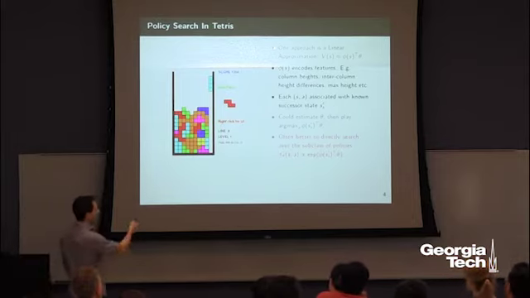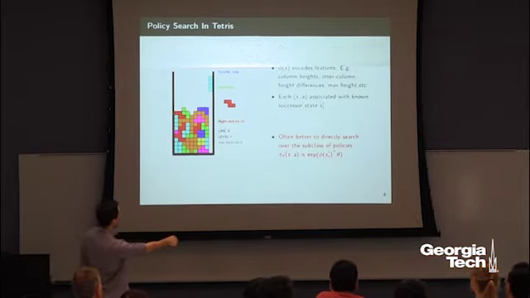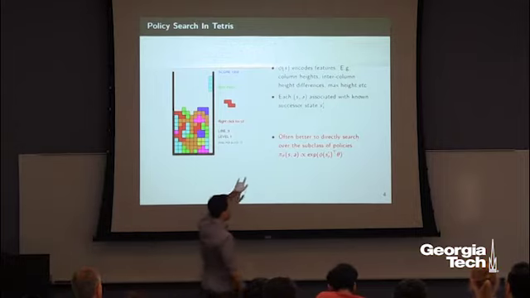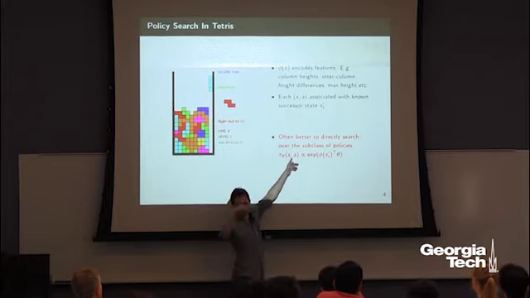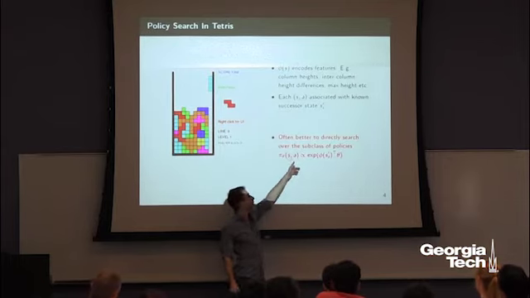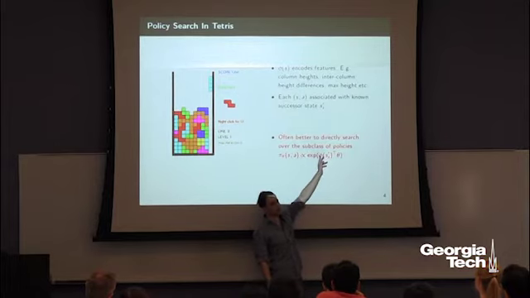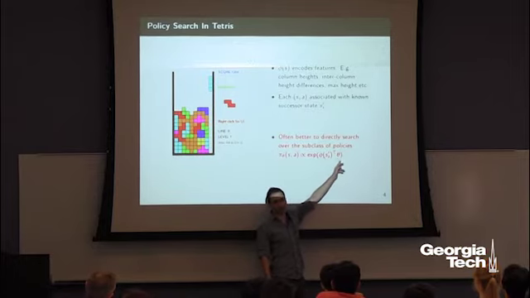It turns out something that actually works even better is, instead of doing that argmax greedily, we're going to write down a parameterized class of policies where the probability that I play a given placement of the block is proportional to e to the inner product of the feature vector associated with that state and some weight vector theta.